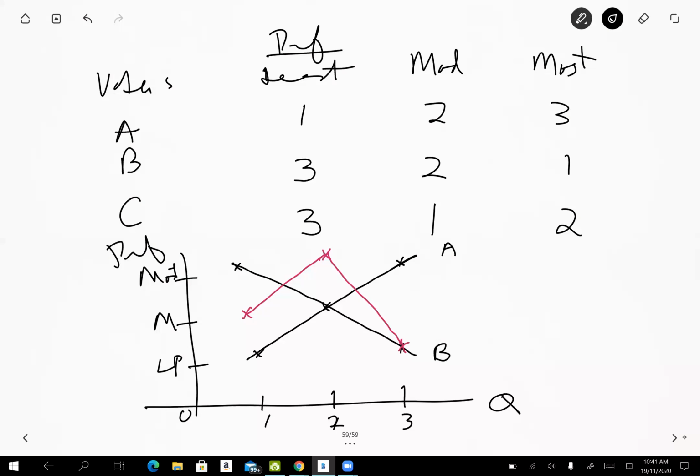Okay, so now let's do the election. Make sure I have the table correct. So now you have quantity 1 versus quantity 2. Now how do we vote?